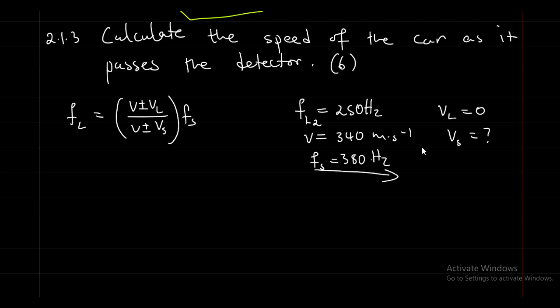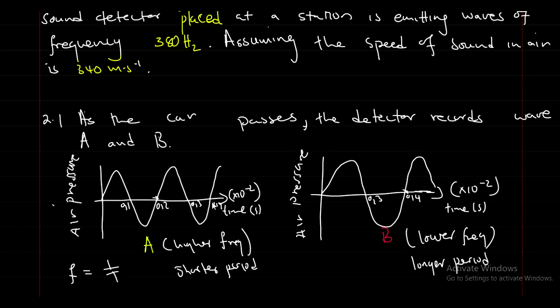Okay, so we are going to need FL1, which is the frequency observed by the detector as the sound source was approaching the detector. So we'll first have to calculate that. FL1 will be 1 over T, which is 1 over the period of this graph. So the period of this graph is 0.2 times 10 to the power minus 2.